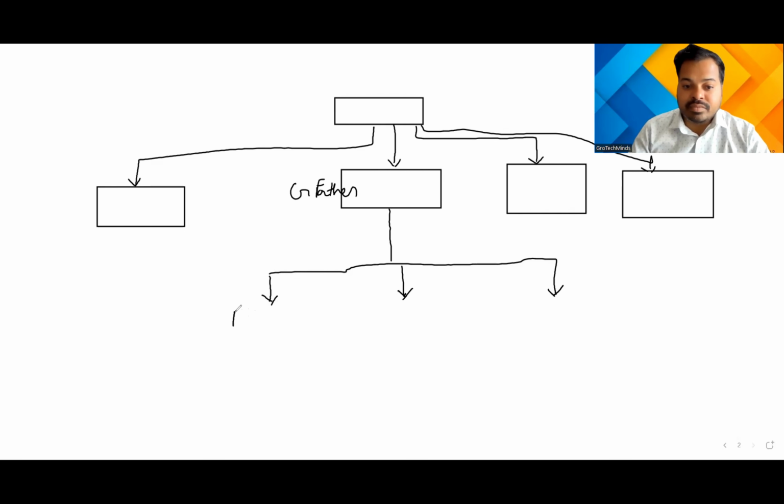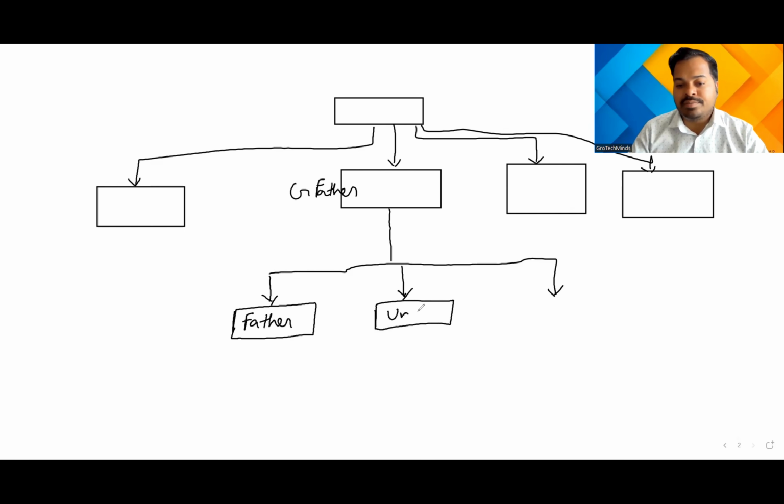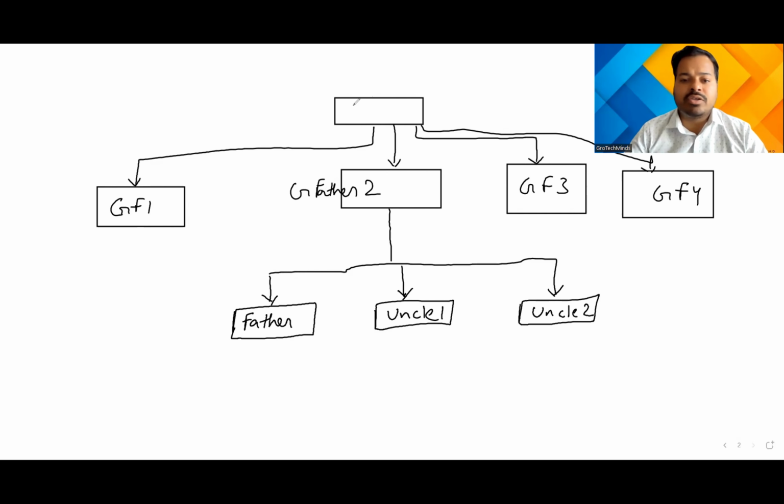So suppose your father is the eldest, and then you also have 2 more uncles, uncle 1 and uncle 2. This is your grandfather 1. This is your grandfather 2, your actual grandfather. This is your grandfather 3, and this is your grandfather 4. This is your greatest grandfather.